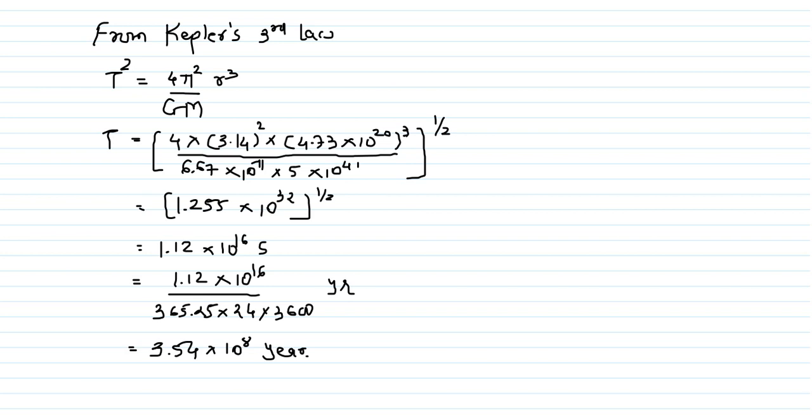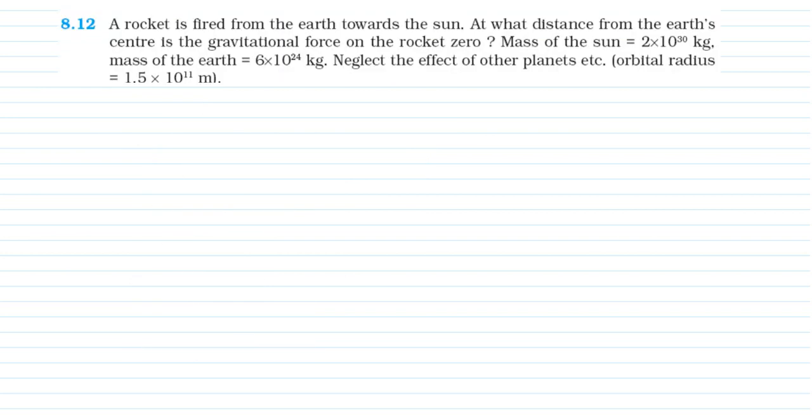So here also we are using the same Kepler's third law. Next sum 8.12. Here we are doing value based sums. So 6, 7, 8, 9, 10, 11 are value based; this one is not value based, it is application based. Will discuss later.